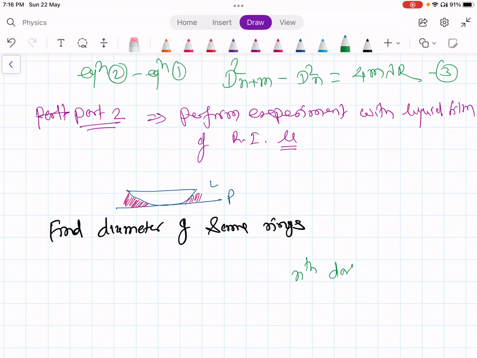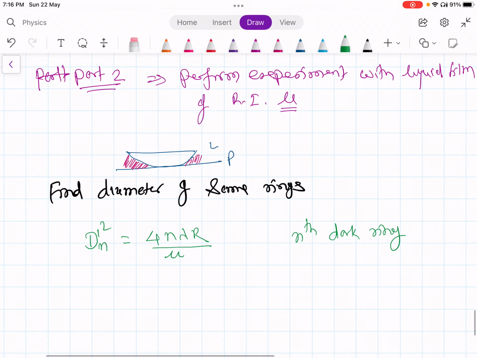The nth dark ring. As we are introducing the liquid, the diameter will change. So let us write d prime square of the nth ring is equal to 4n lambda R. Now mu is not 1, so we have to divide it by mu. So this is the diameter square of the nth dark ring when the film is liquid.